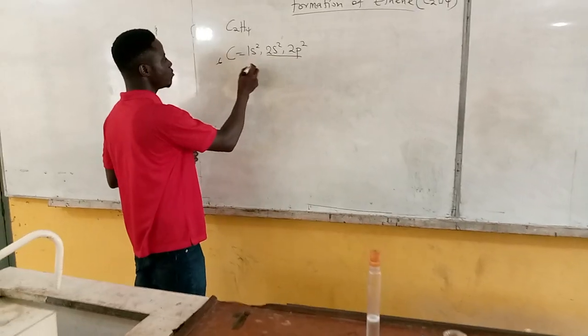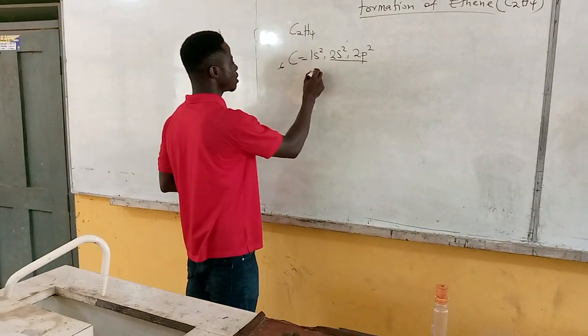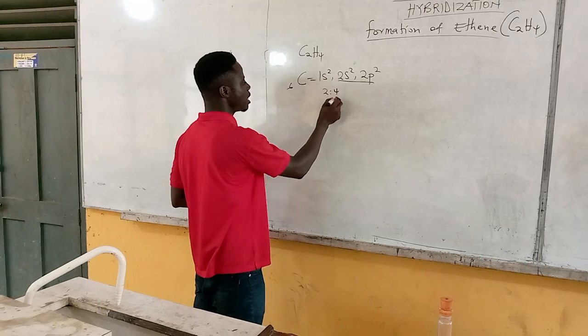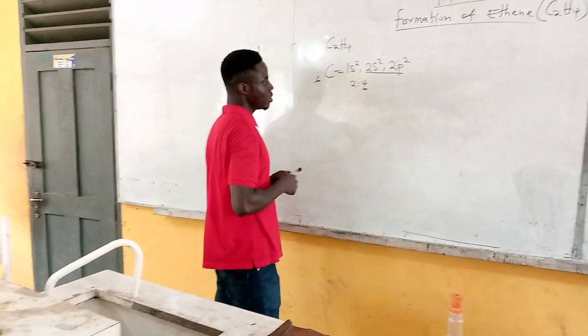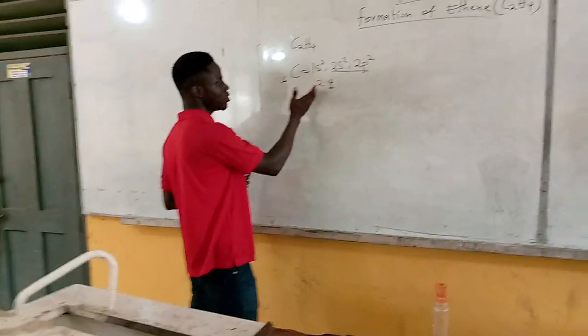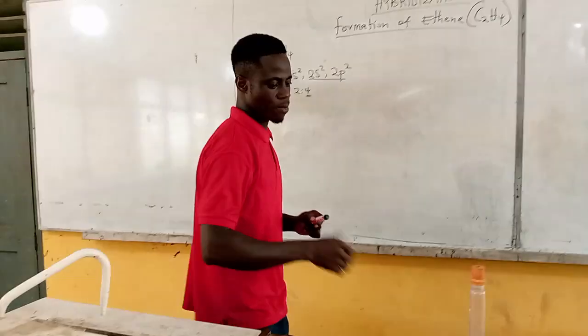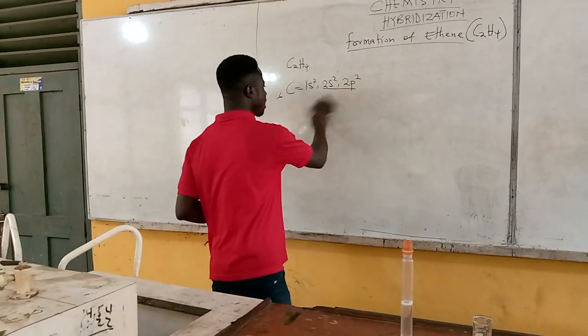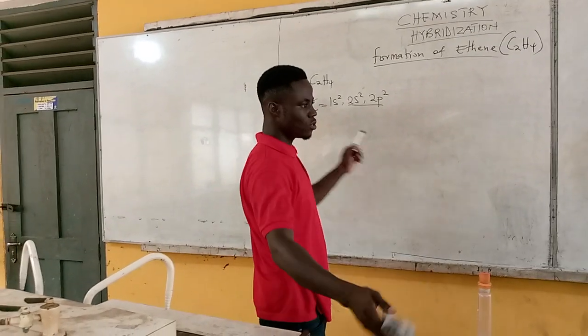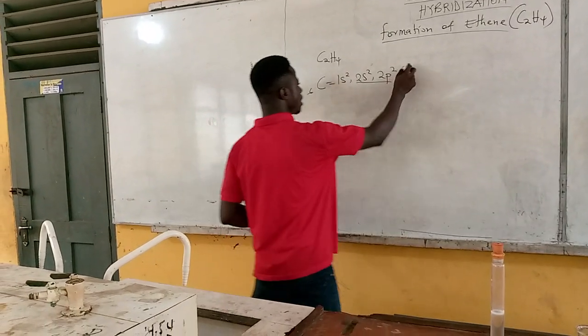If you are confused with that, you can use the core concept, which is 2:4. You get the 4 clearly. When you write the core electronic configuration, you use 2:4, so the outermost electrons number 4. When you're able to write this configuration correctly, this is the ground state electronic configuration.